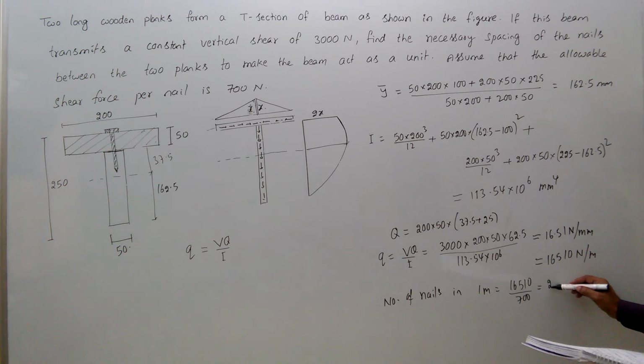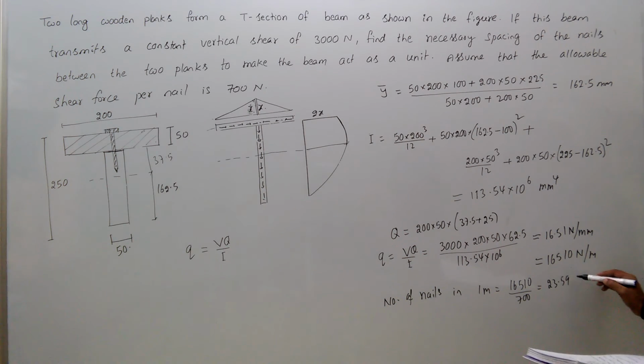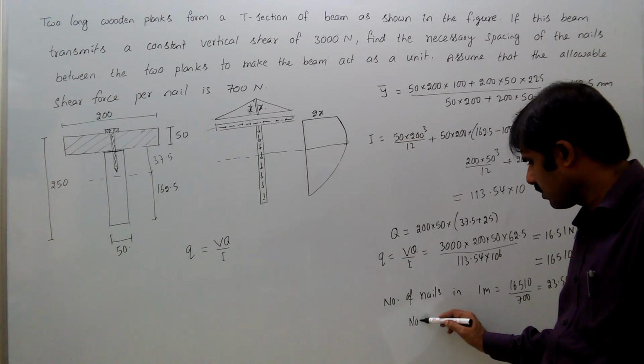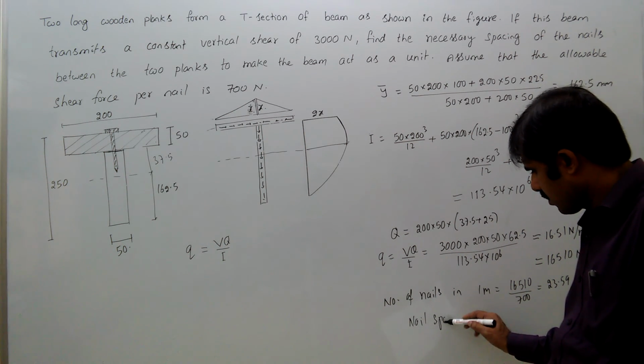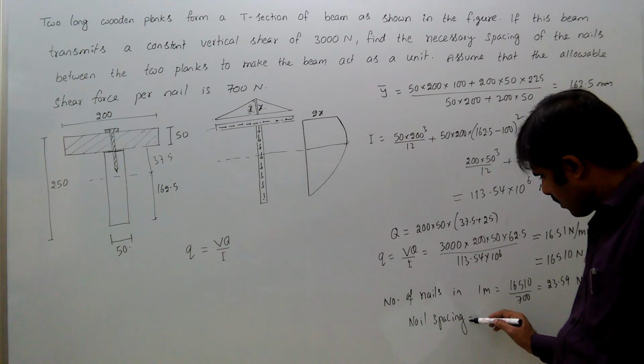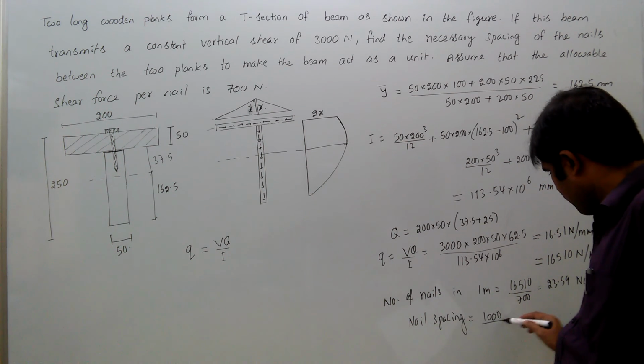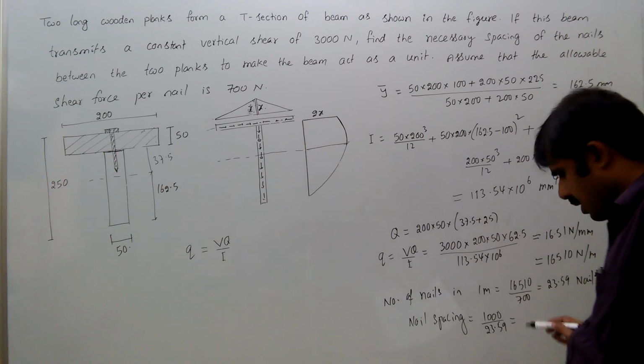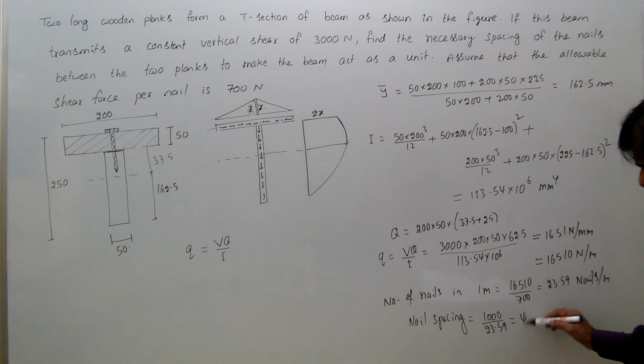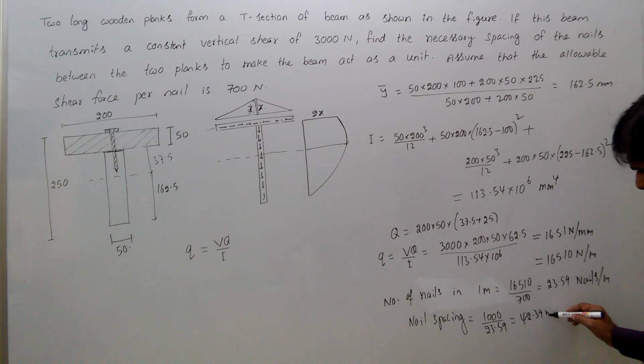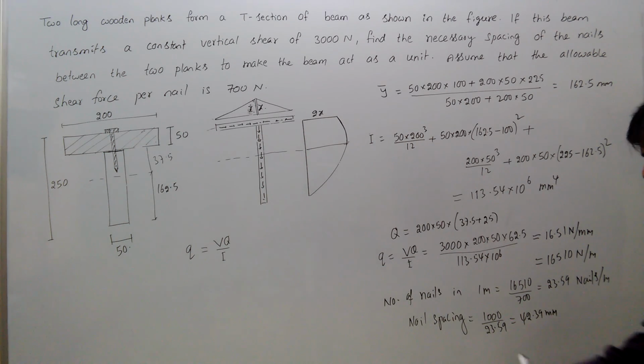That equals 23.59 nails per meter. That means nail spacing is 1000 by 23.59, that equals 42.39 millimeters is the nail spacing. That's what we need to find.